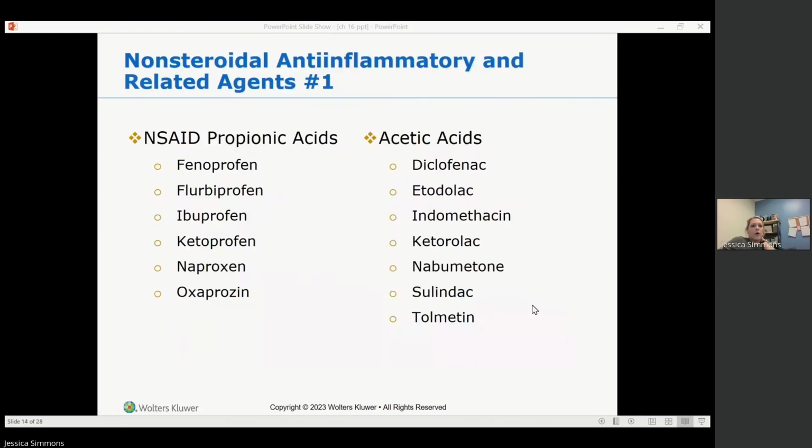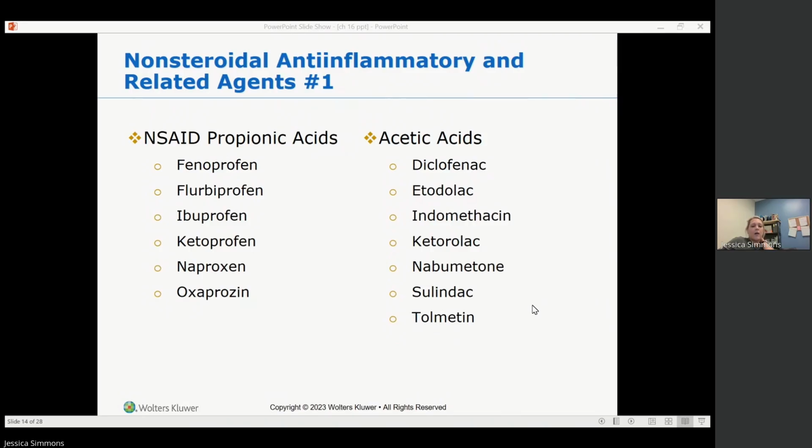These are your names of medications. Again, on these propionic acids, the ones that you're going to recognize would be ibuprofen and naproxen. On this side, the ones that are the most common would be indomethacin and ketorolac, which is a very, very good IV NSAID.